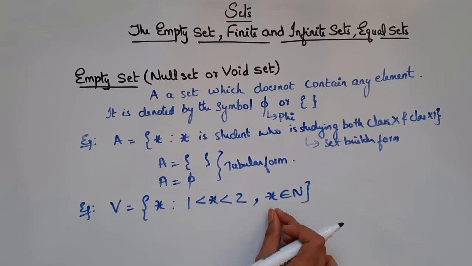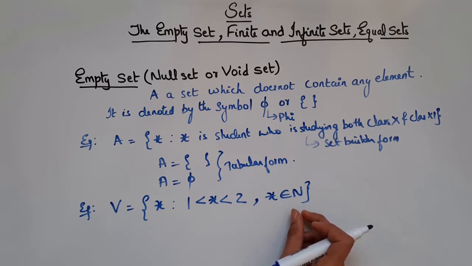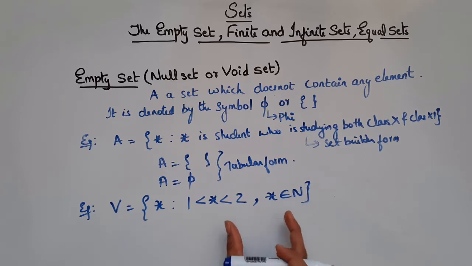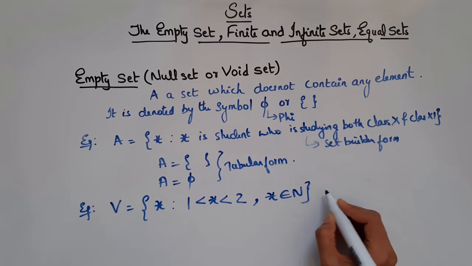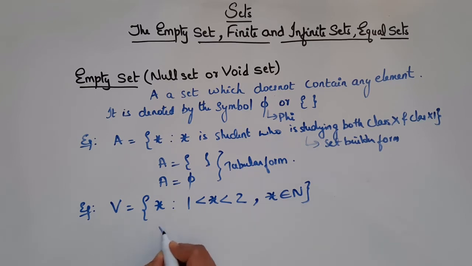And here it is saying x is a natural number. We know decimals are not natural numbers. Therefore, we don't have any element which satisfies these two conditions. So that means there is no element, which is nothing but an empty set. So if you write in tabular form, you will write the above set is an empty set, right? Or you can also write phi.